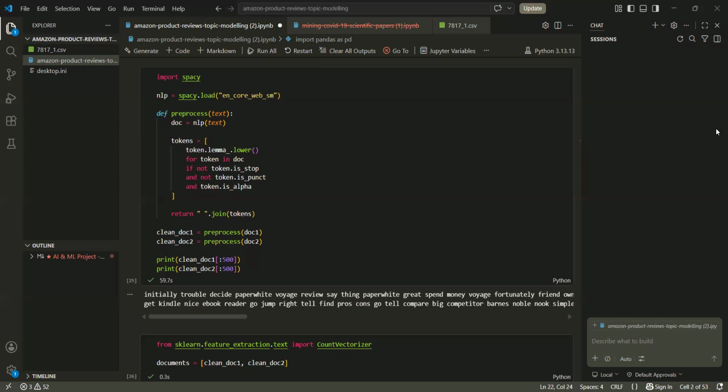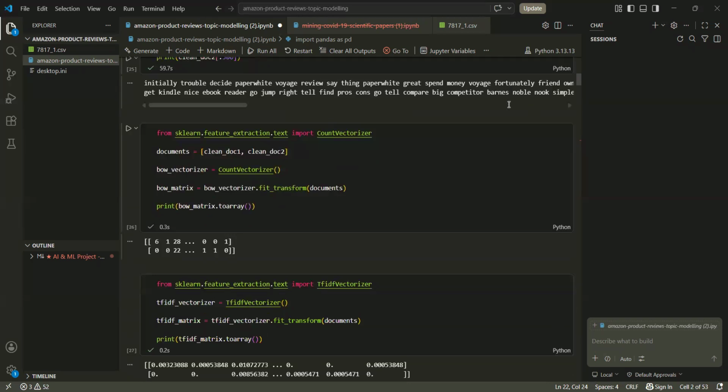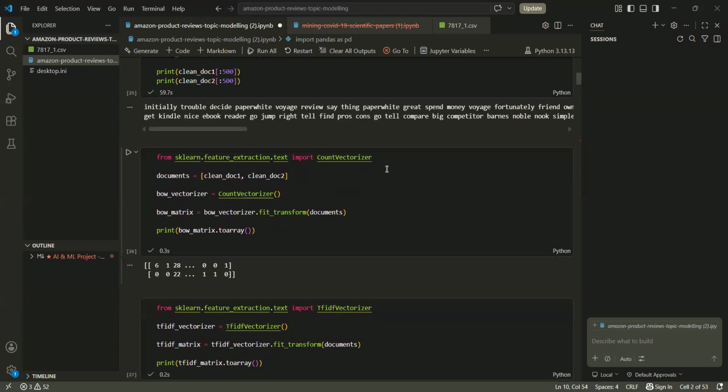After preprocessing, I converted the documents into numerical vectors using two techniques, bag of words and TF-IDF. TF-IDF, which stands for term frequency inverse document frequency, improves on bag of words by giving less importance to words that appear too frequently and more importance to meaningful terms that help distinguish documents.